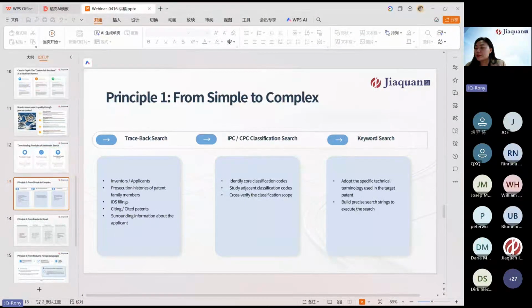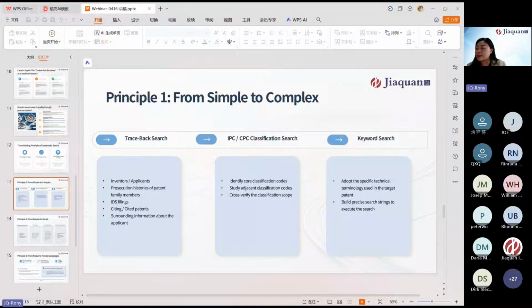Well, through the previous step of tracking search, we can often determine the core IPC most relevant to the patent. Then we can look at surrounding IPC numbers around this core and incorporate other relevant data in our consideration. And after confirming the classification numbers we want to use, we need to consider which keywords to use for searching.